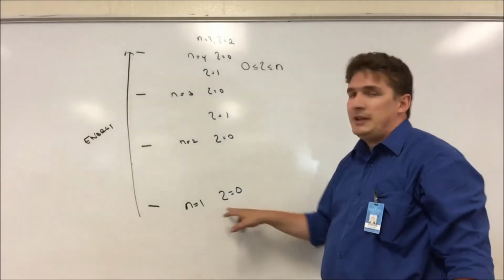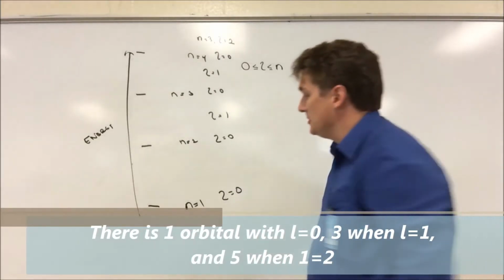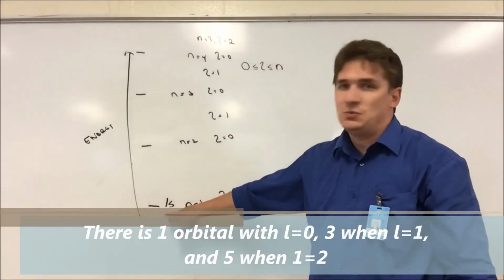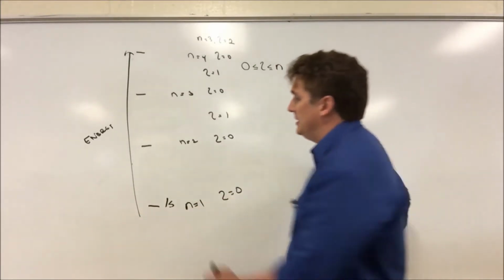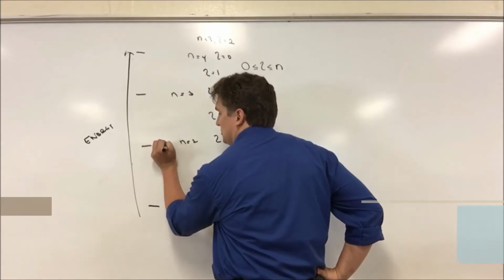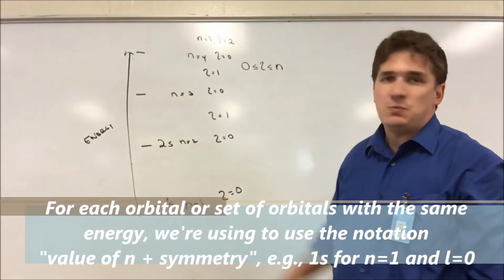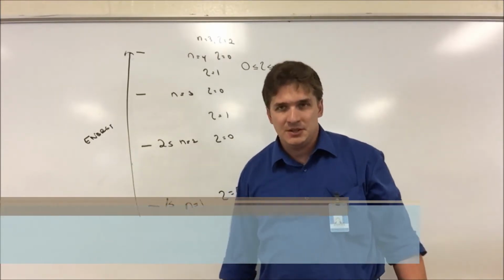So when we have n equals 1, L equals 0, we only have one orbital that takes the symmetry, that's our s orbital. So we're going to abbreviate this 1s for n equals 1 with an s symmetry. For n equals 2, L equals 0, we're going to do the same abbreviation, 2s for the L equals 0 case. Now for L equals 1, there are three orbitals, px, py, and pz are symmetries.